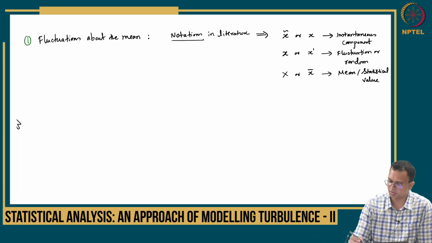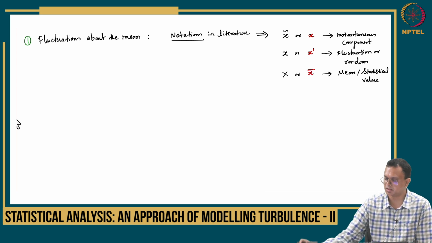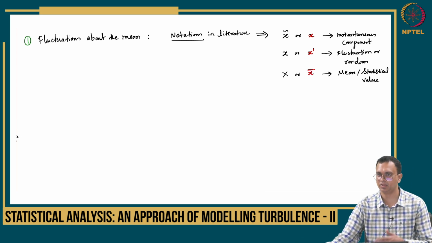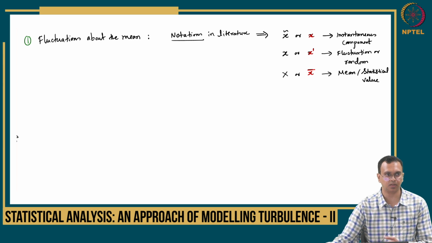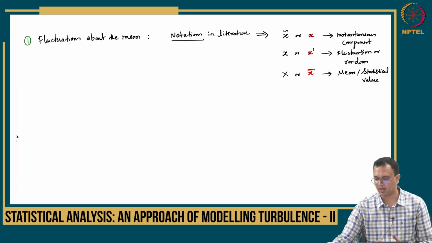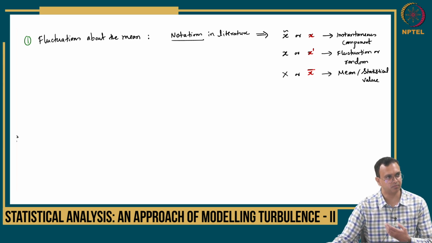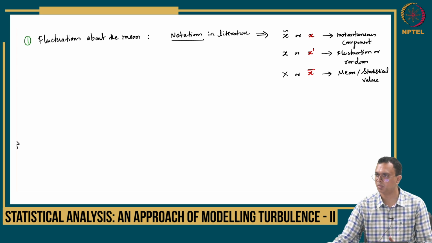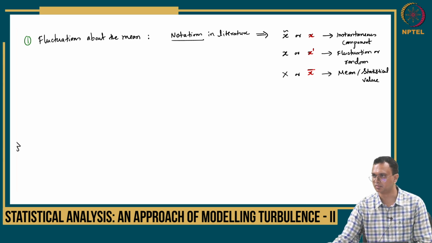So in the course I am going to use x prime and then x bar. When I say u v w, that means the instantaneous signal, and u prime v prime w prime means fluctuating velocity components, u bar v bar w bar means the true mean. So I'm going to use this notation.